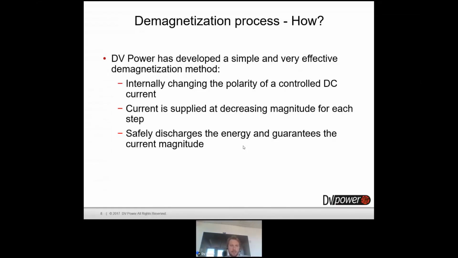We have had the opportunity to meet what magnetization is, what causes magnetization of the transformer, and why the magnetization process is important.